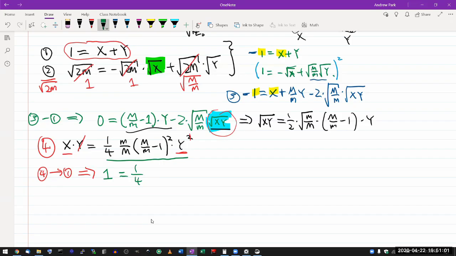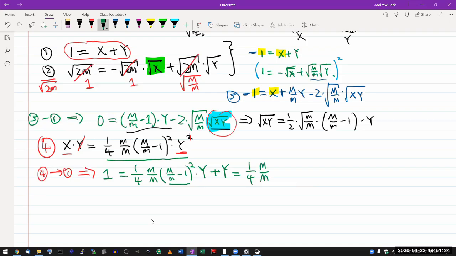Can I? No, since it's complicated, let me not. Small m over big M times (big M over small m minus 1) squared times y, plus y. Okay, I can factor out y. So when I factor out y, it becomes 1/4. It might be worth expanding this out.